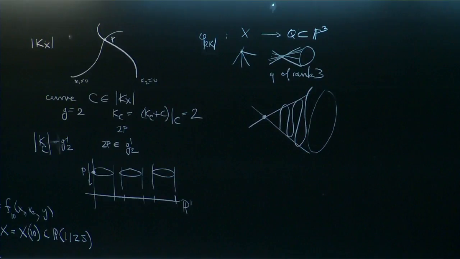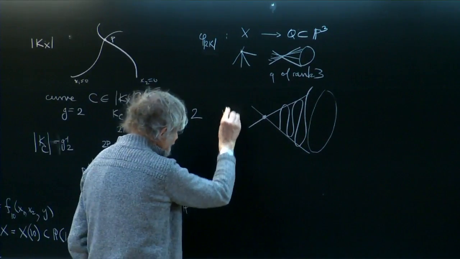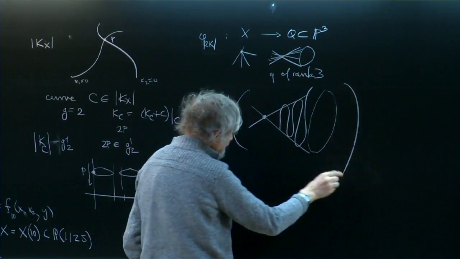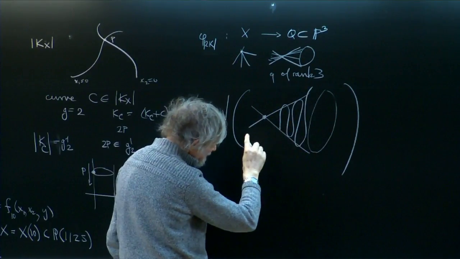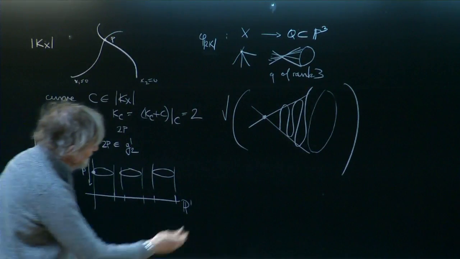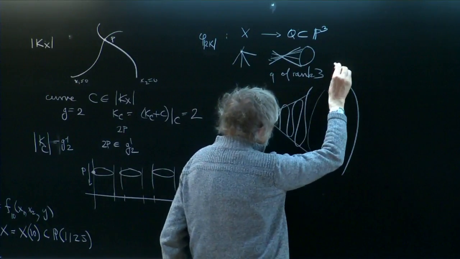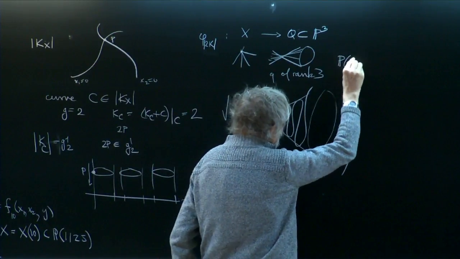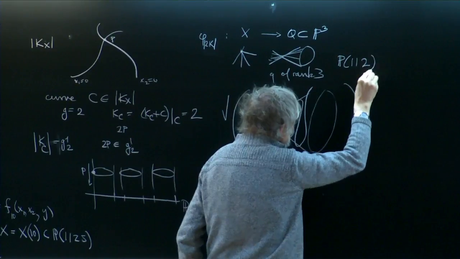Yes? And so I'm taking the square root of this picture as a double cover of the quadric of rank 3. So this is just much simpler to think of this quadric of rank 3 as being P(1,1,2).